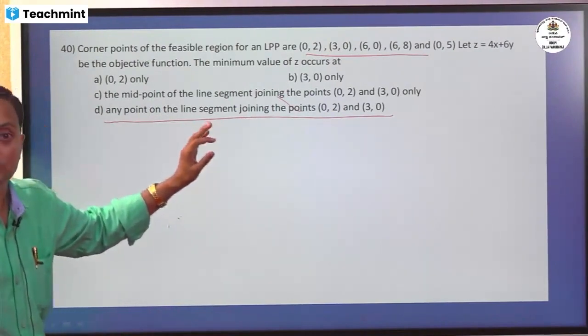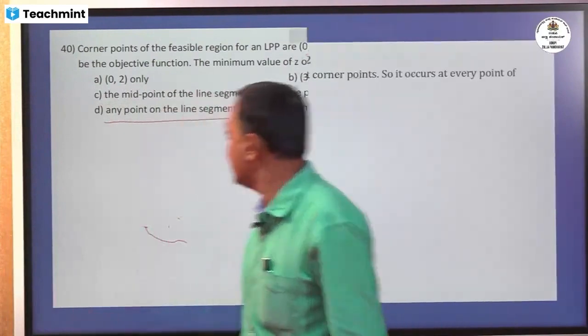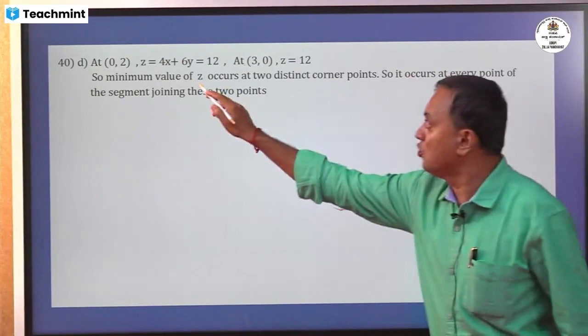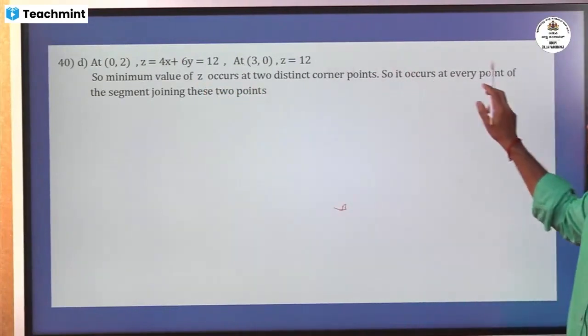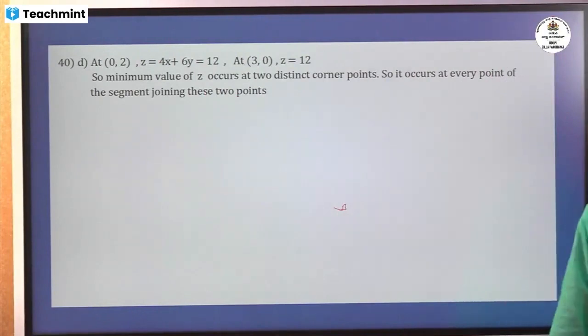So there are infinitely many solutions. So the answer is that it occurs at corner points, at 2 corner points, so it occurs at every point of the line segment joining these 2 points.